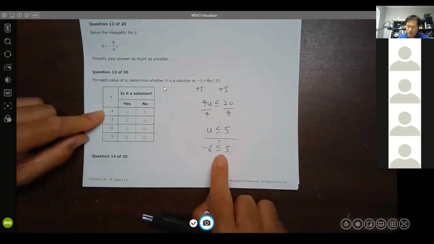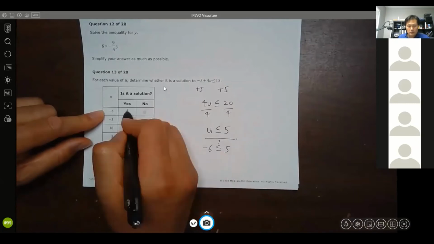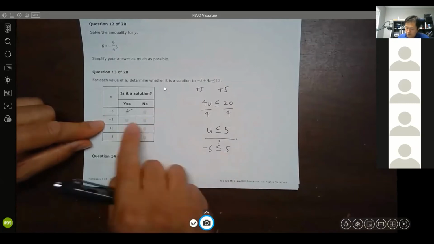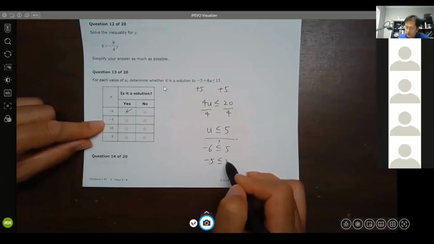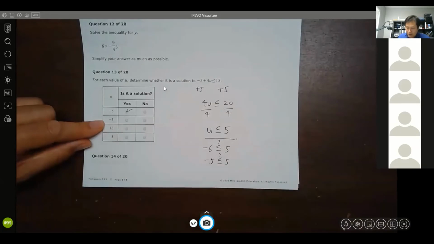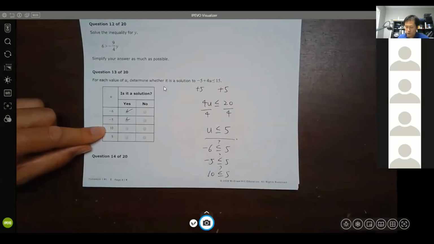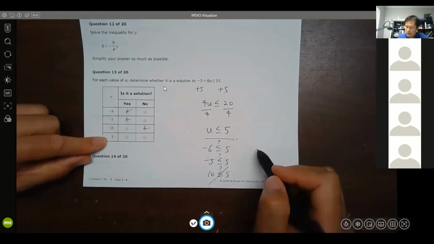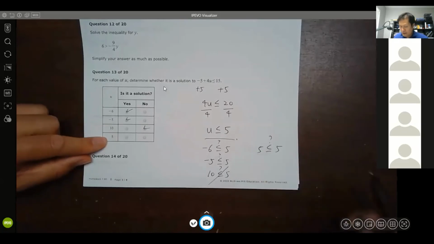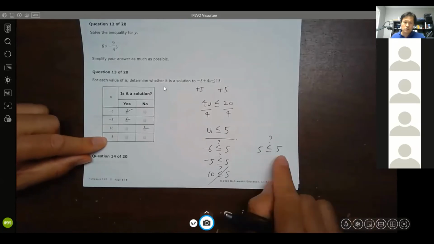Minus 5, is minus 5 less than or equal to 5? Yes. 10 less than or equal to 5? No. 5, is 5 less than or equal to 5? Yeah, 5 is equal to 5. So it shouldn't be that bad.